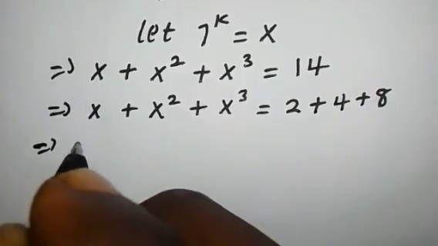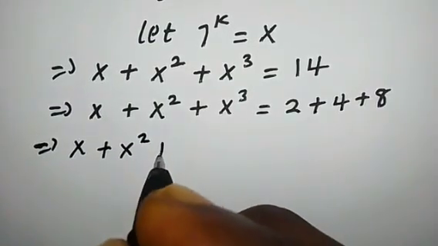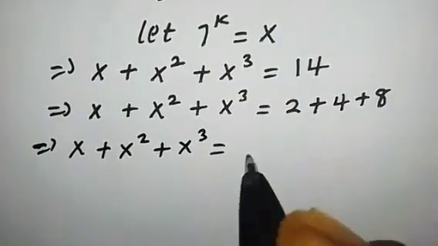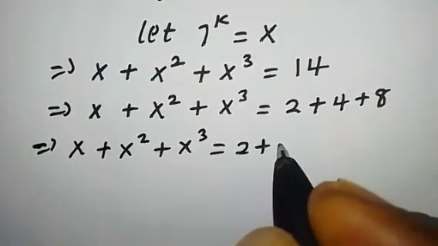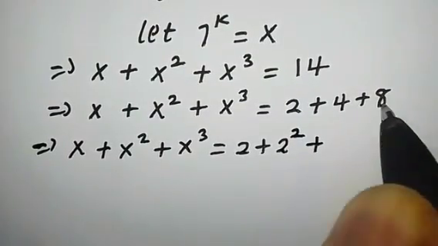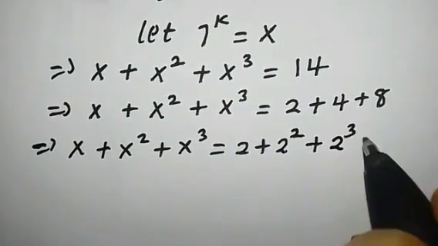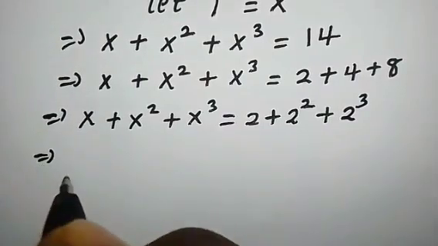This implies that x plus x square plus x cube is equal to 2 plus 4, which could be written as 2 to the power of 2, plus 8, which also could be written as 2 to the power of 3. Let's continue.